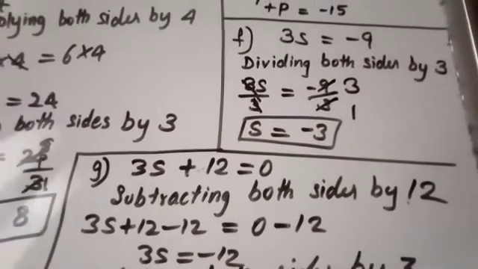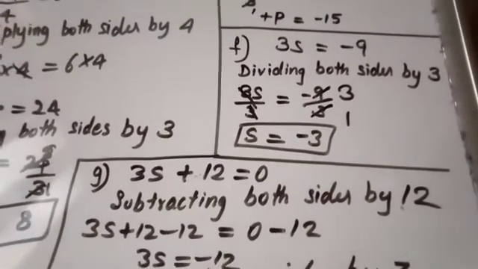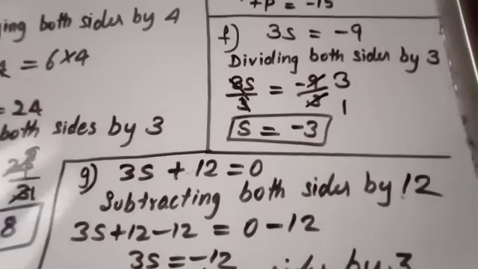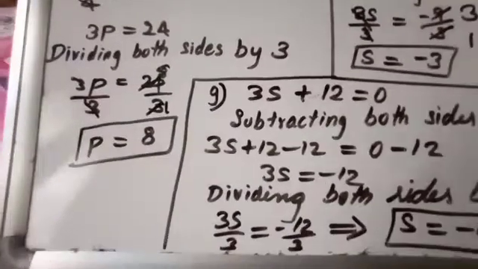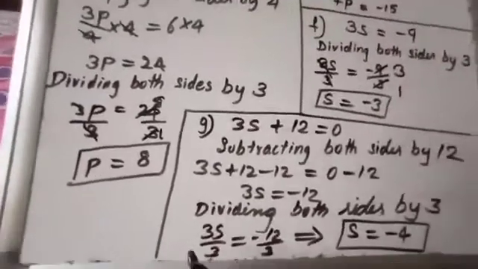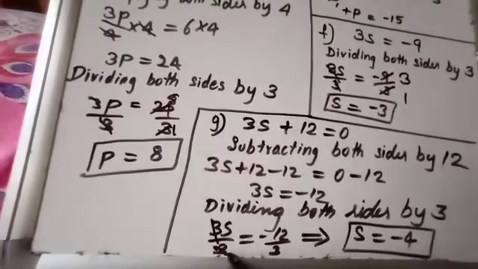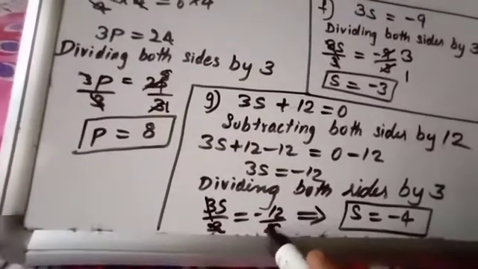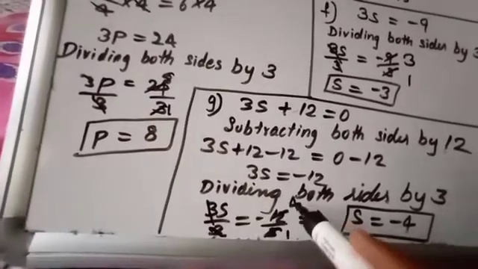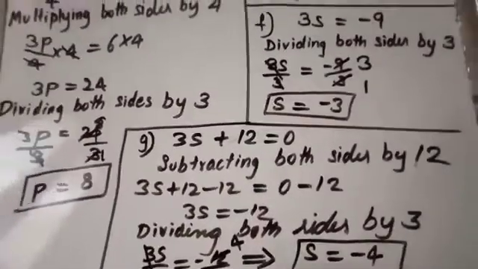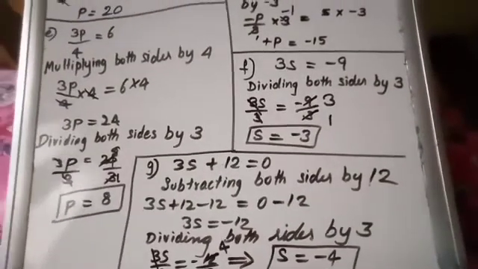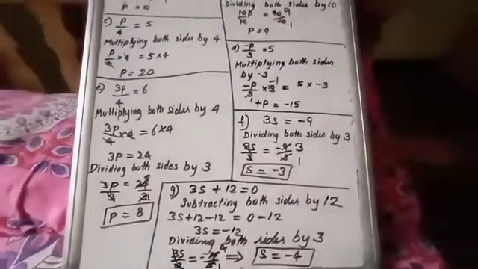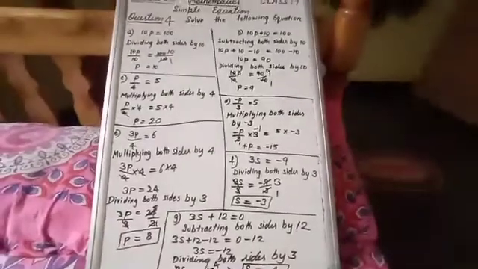Now to separate the variable s, dividing both sides by 3, we will get cancellation of 3. Then 3 1s are 3, 3 4s are 12, so s is equal to minus 4. Up to G the problems are over.